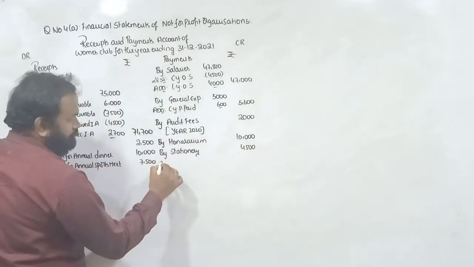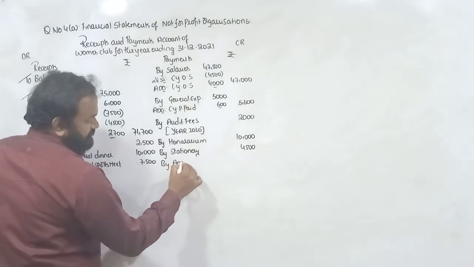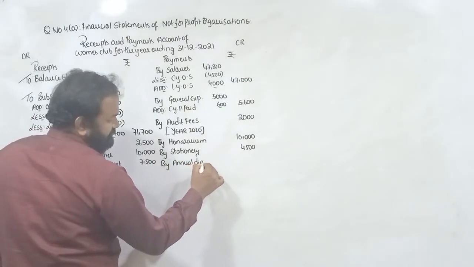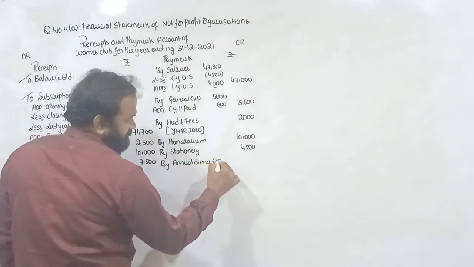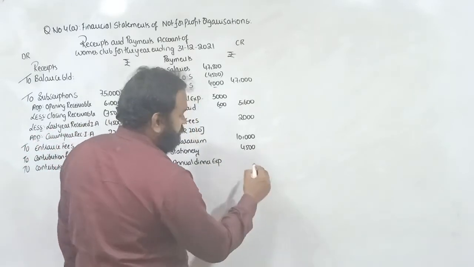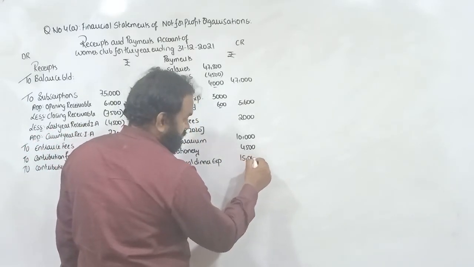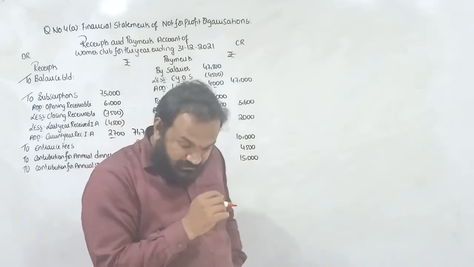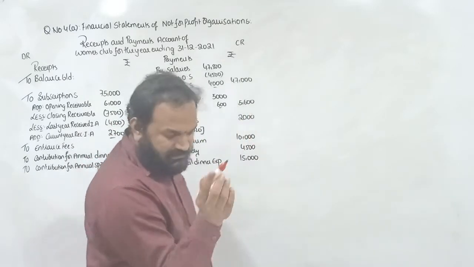Next, annual dinner expenses, no adjustments, amounting to 15,000. Next, interest and bank charges.